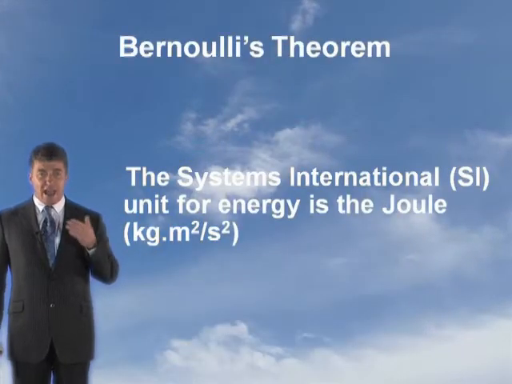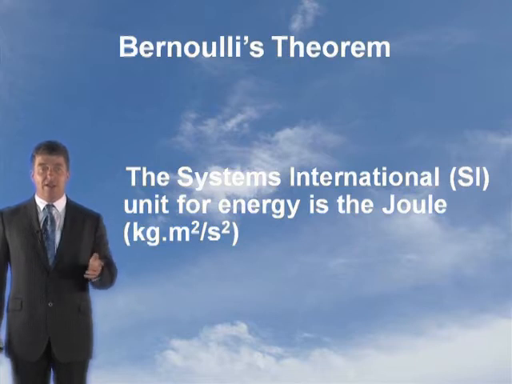Now, to use Bernoulli's theorem in calculations, it's essential to have all three forms of energy in the same units. So you've got to make sure that you convert whatever you're working in to the same units in the calculation. The Systems International, the SI unit for energy is the joule, and the joule is kilograms metre squared per second squared.